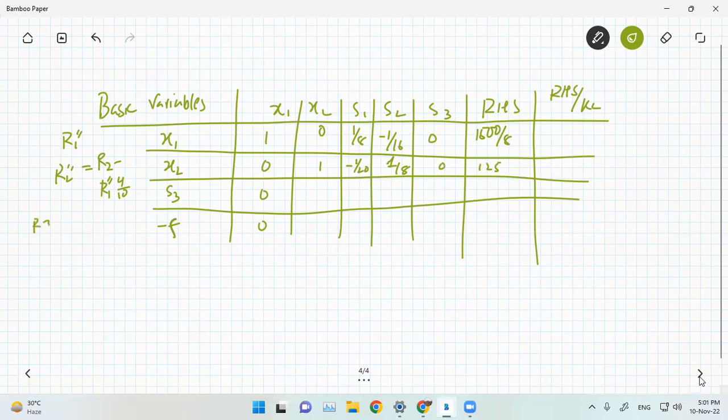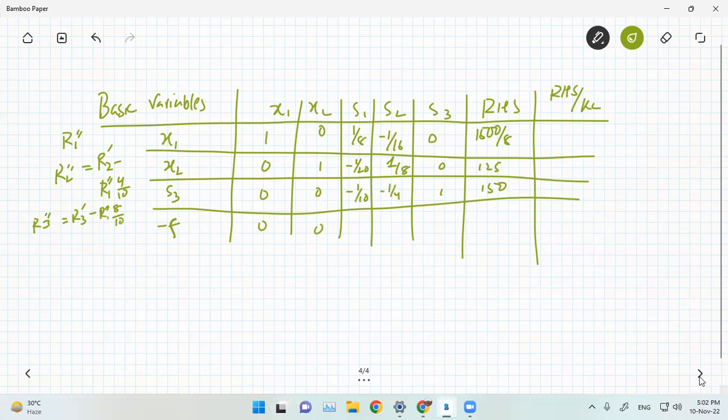Similarly, R3 double prime will be R3 minus R1 double prime into 8 by 10. So this will give us 0, 0, minus 1 by 10, minus 1 by 4, 1 and 150. And the last one is already 0, so no operation needs to be done.